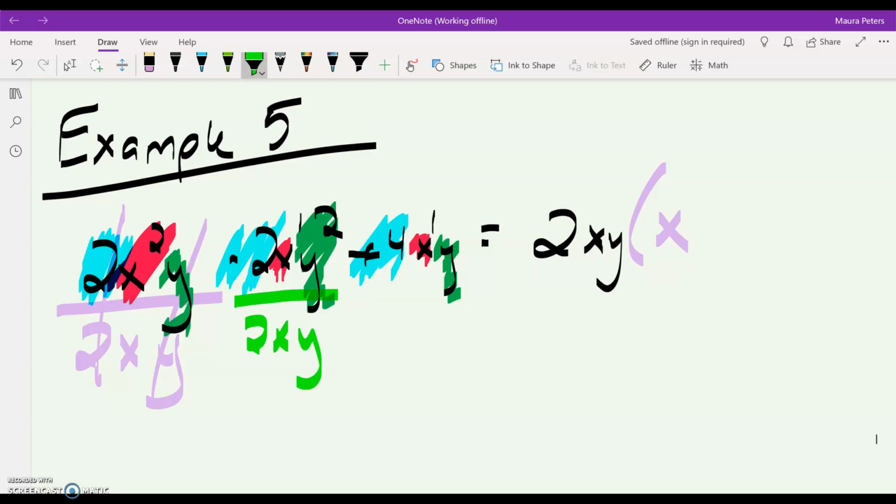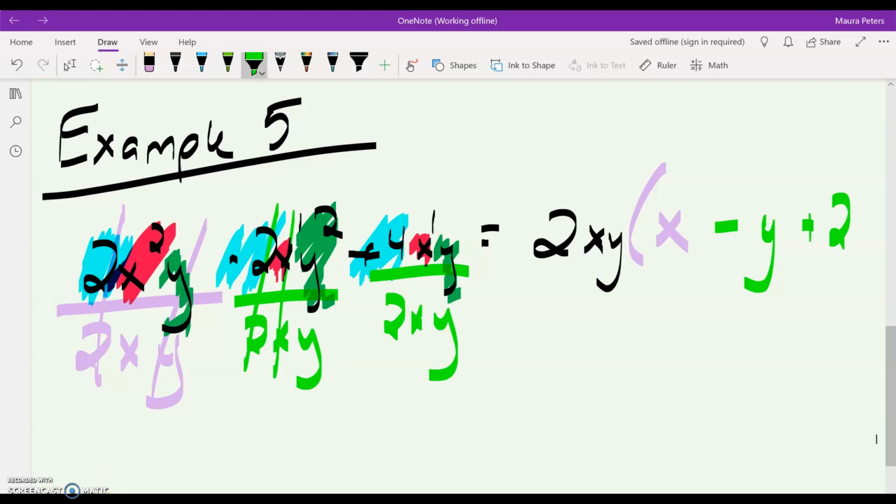Negative 2 divided by 2 is going to leave me with at least a negative 1. X's are simplified out, and we're left with a y here. And we divide this by 2xy. 4 divided by 2 is positive 2. X divided by x simplifies out, y divided by y simplifies out. And that is our final solution.